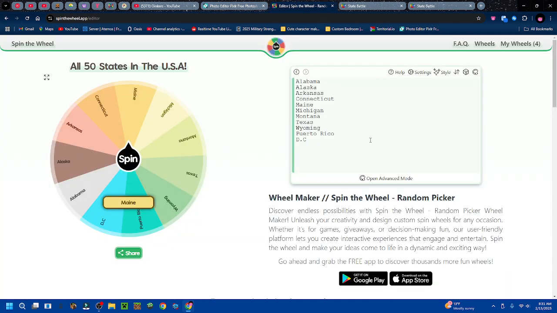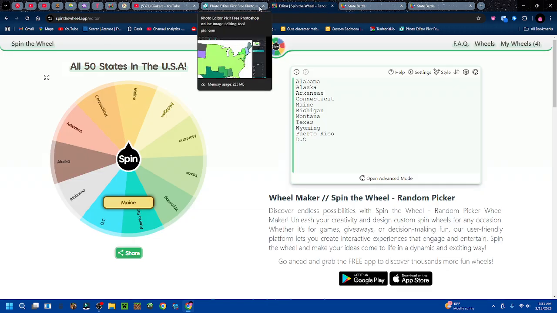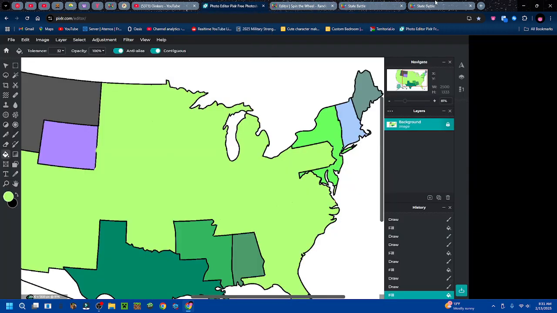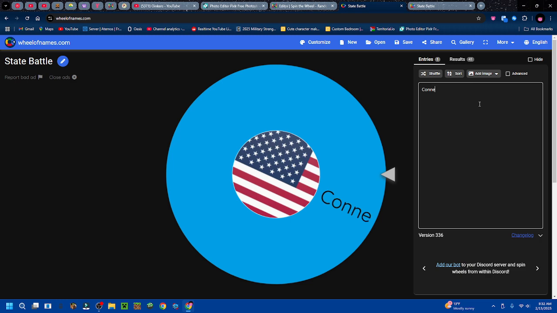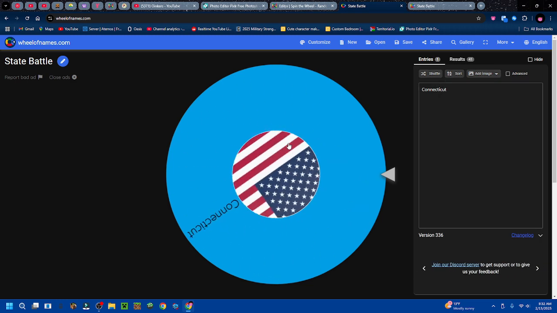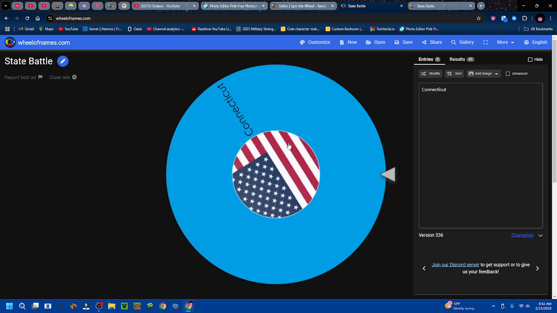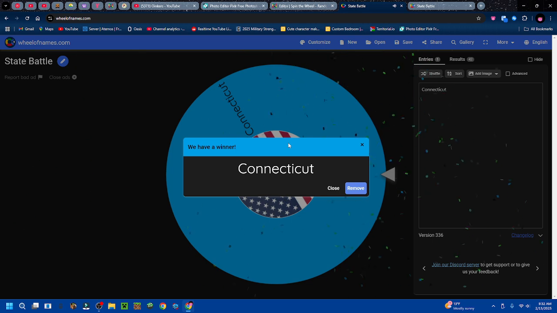I'll look at all the names and see if one rings a bell. Oh, Connecticut. Connecticut must have taken them out. So it's Connecticut. They only border Connecticut. Connecticut! I wonder who they're going to be battling. It's Connecticut! Oh my god.